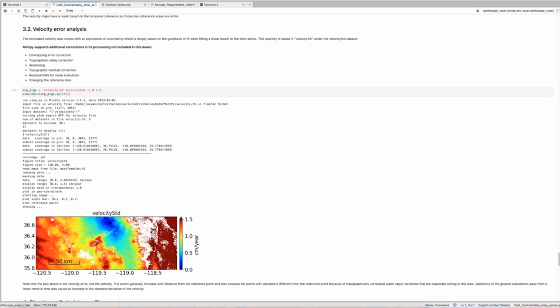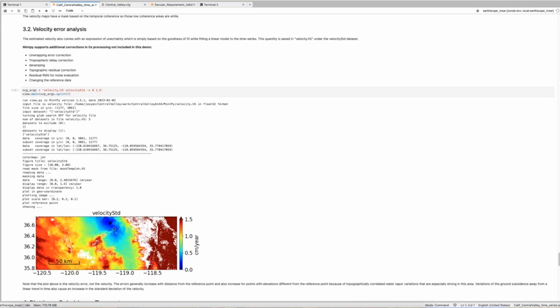In this case, the errors can be very high in the area of the Sierra Nevada because of atmospheric effects, but there are also substantial errors in the area of the groundwater subsidence that are due to seasonal variation that's not included in this linear fit.